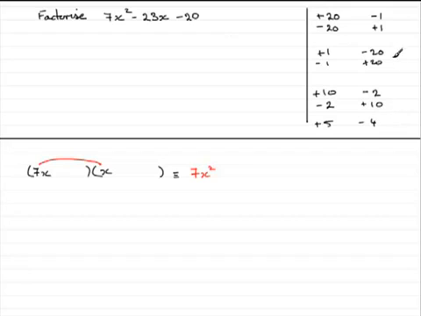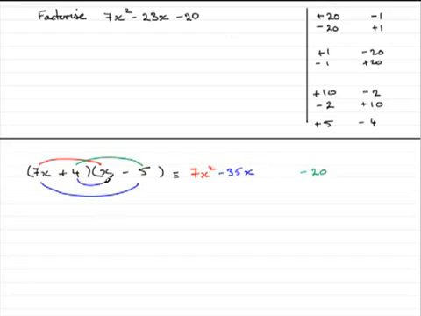Okay, if you experiment with these, let's just try, say, a 4 and a 5 combination. Let's go for, say, plus 4 and minus 5. We know plus 4 times minus 5 will give us the minus 20 that we want on the end. That's good. Just check out the x terms now. 7x times minus 5, that's going to be minus 35x.